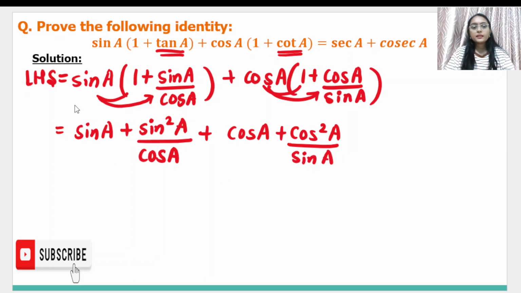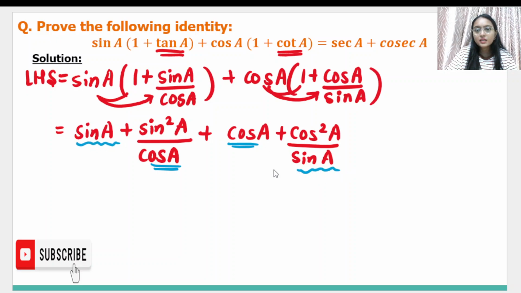Now let's compare. If you see cos A in the denominator and in the numerator you have cos A. Similarly, sin A in the numerator and sin A in the denominator. So let's take it together and try to multiply it so that we have a common denominator.